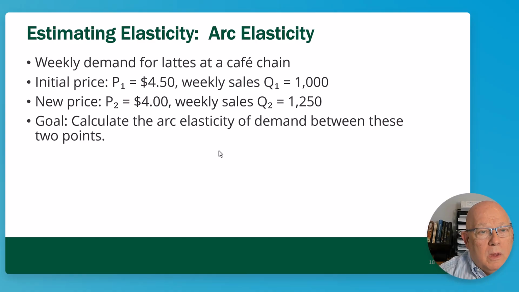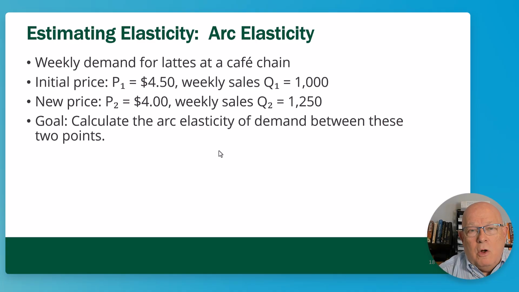So in the previous examples, we had a formal formula that we used to determine the quantity demanded given a particular price. We don't always have all that data, but it's actually fairly easy to do by just getting a couple of data points.